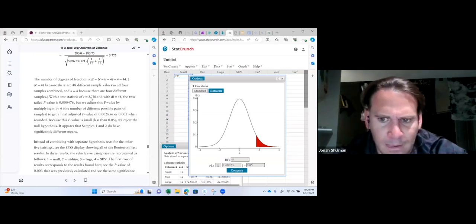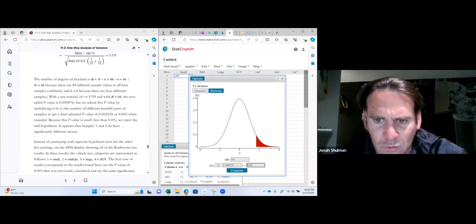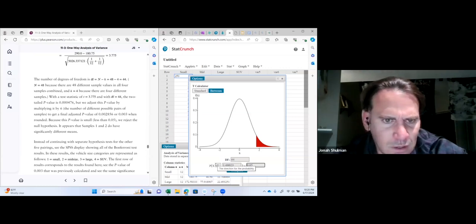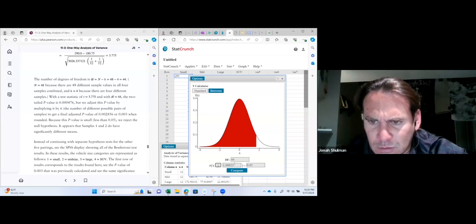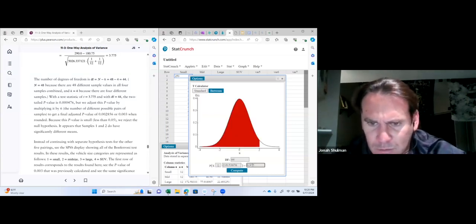44. They got a t-statistic. Oh, our test statistic is 3.75. And the two-tailed p-value. Oh, we're talking two-tailed. 0.03. So reject null. Let's go the other way.